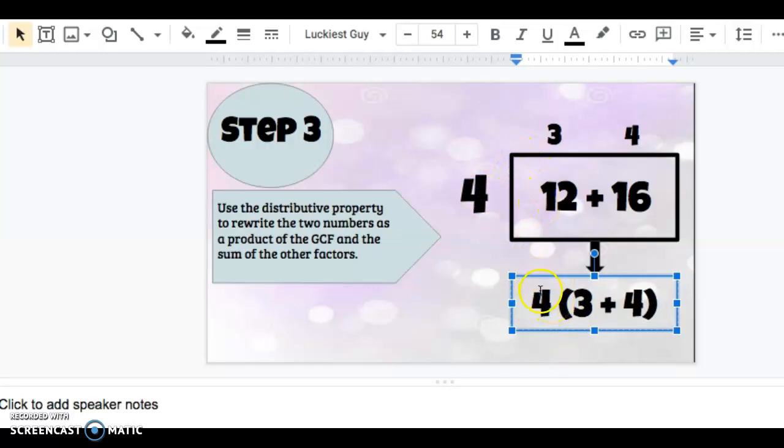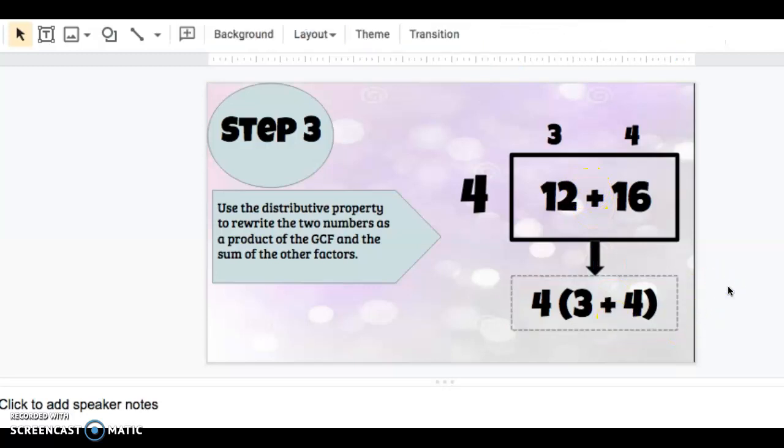That's your GCF. Then this box represents the parentheses, and the 3 and the 4 are what you had factored out. So that's what goes inside the parentheses. So the 3 gets brought down, the 4 gets brought down, the plus gets brought down. Okay, and that's all you have to do.